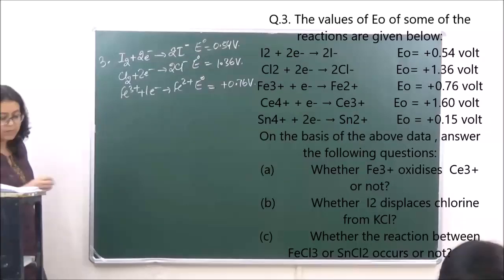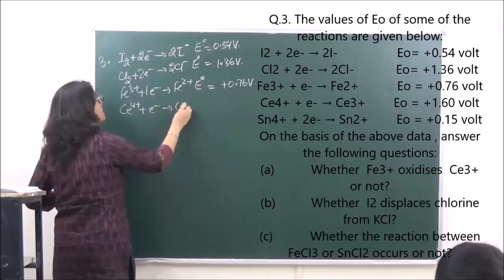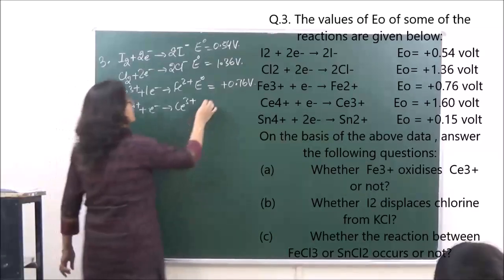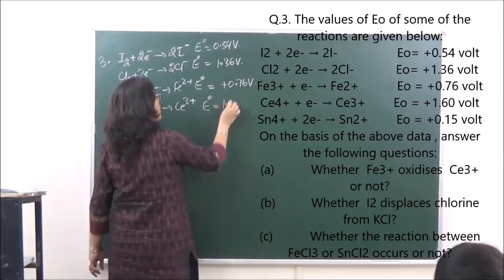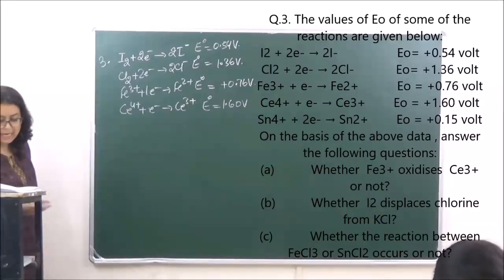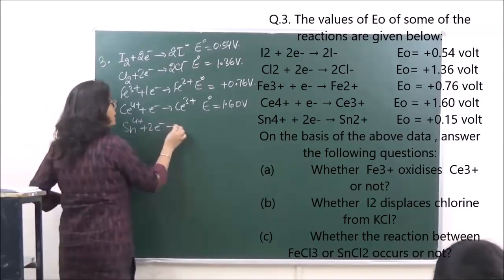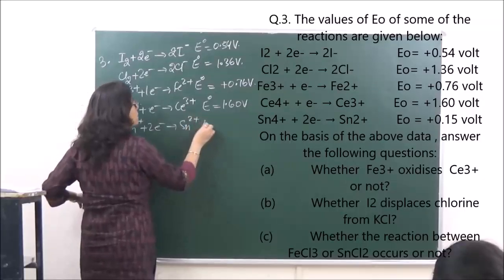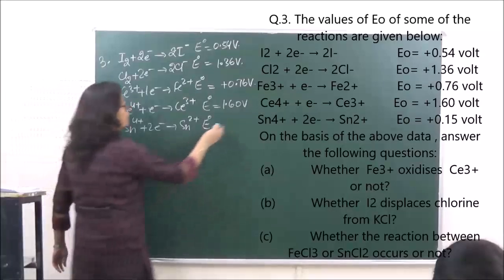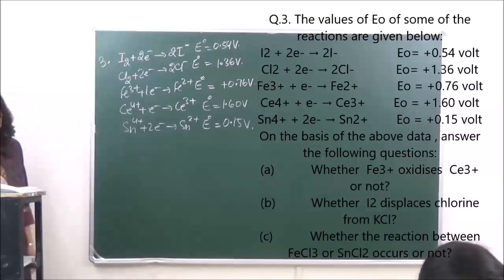Then the next reaction given is for cerium, Ce4+ plus electron to give us Ce3+, and the E0 value is 1.60 volt. ठीक है? And then the last one is stannous, Sn4+ plus 2 electrons to give us Sn2+, and the E0 value given to us over here is 0.15 volt. Now looking at these values, you are supposed to answer the questions which are given below.